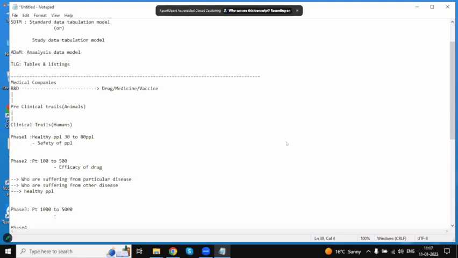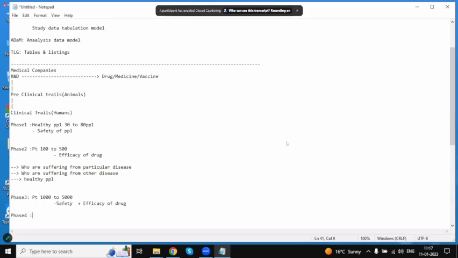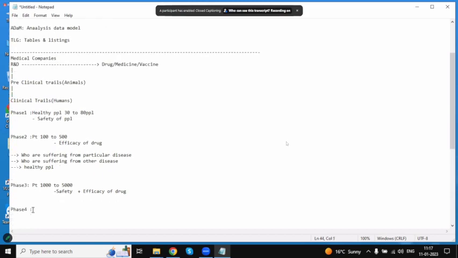Here both the safety and efficacy of the drug are checked, that is, how effectively the drug is working on those patients.